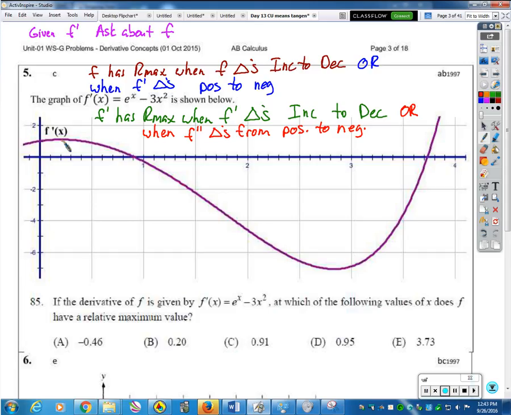Now, from here to here, f prime has 3 characteristics. What are the 3? When I say 3 characteristics, what I'm focusing on are the values in the index chart. So as I look at f prime, the characteristics I'm always concerned about are increasing, decreasing, concave up, concave down, positive, negative.